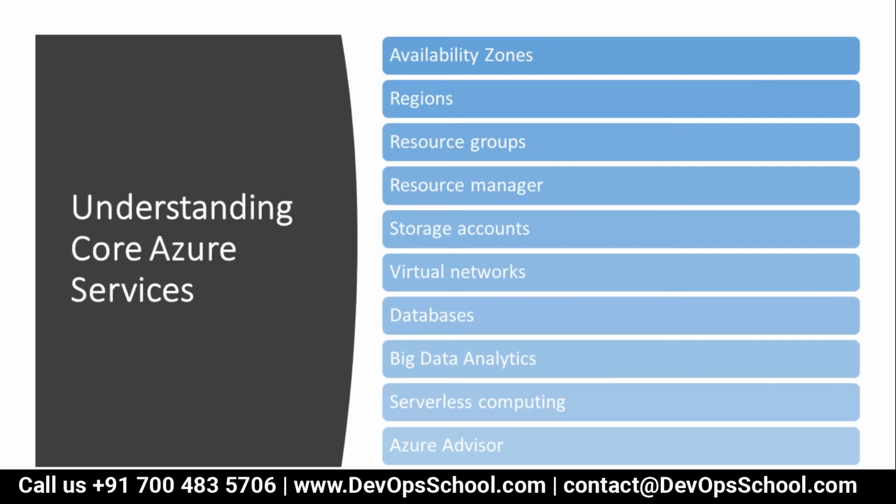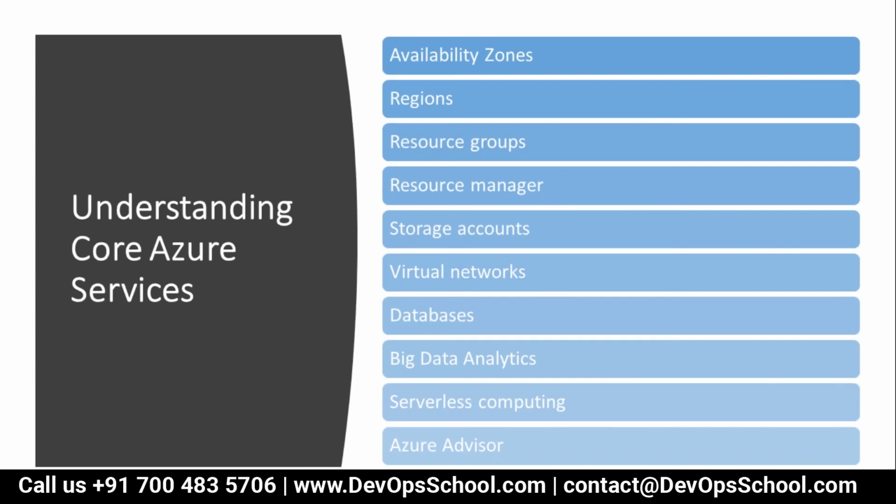Availability zones, see, one more thing: inside the region, availability zones are available in Azure or in any cloud provider. Clear? Region is a superset of availability zones. Inside one region, more than one availability zone will be available.